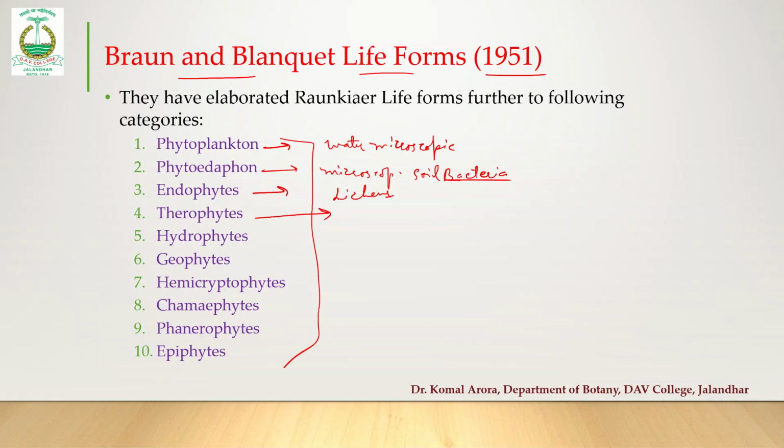Then what are therophytes? This we already know. These are the plants which are having the pteridophytes in them. Then they have tree species, shrubs in them. Epiphytes in them. Then hydrophytes, plants which are found in water. Geophytes, plants which are having buds underground.